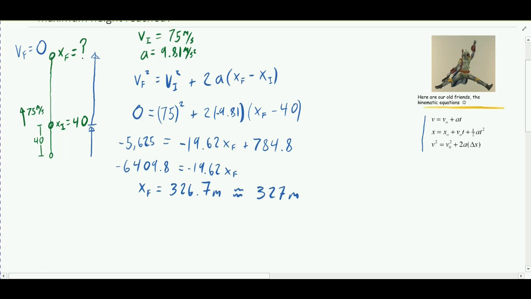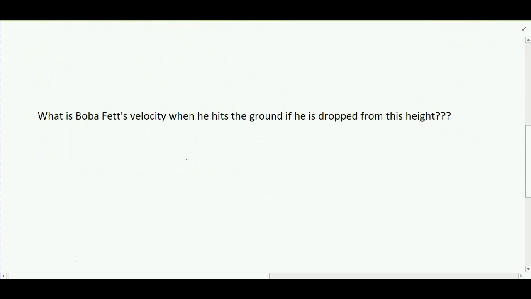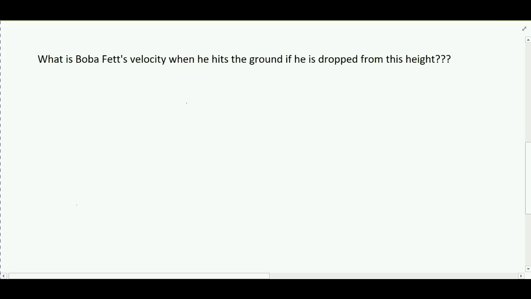Okay, let's step into part 2 of the problem. What is Boba Fett's velocity when he hits the ground if he is dropped from this height? Okay, so we're kind of getting back to the painter situation that we talked about earlier. We got Boba Fett. He's this blue dot.